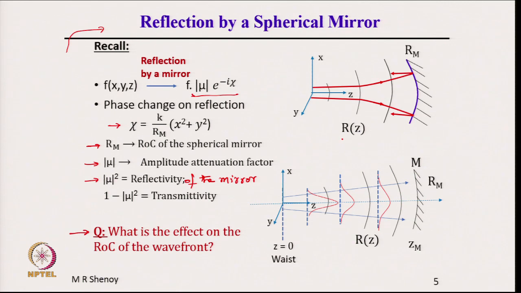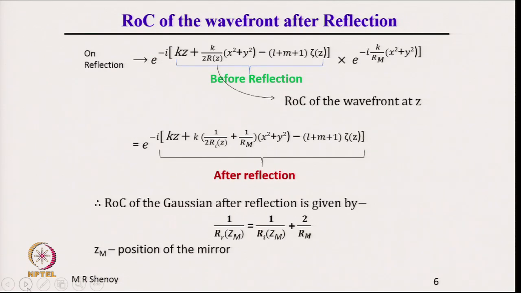That is why r of z, we have just seen, depends on z, the radius of curvature of the wavefront, and then Rm is the radius of curvature of the spherical mirror. So, it reaches here and then gets reflected back. So, we want to see what is the effect on the radius of curvature, that is r of z, of the beam upon reflection. So, let us look at it.